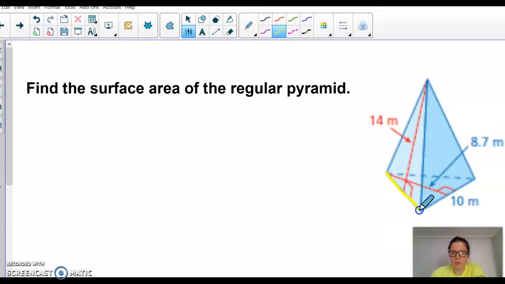So let's do the base. So the base I just outlined in yellow has a base of 10, and then the height that's on the bottom is 8.7. So that triangle would look like this. So 10 is the base, and then that height that's perpendicular to the base is 8.7.